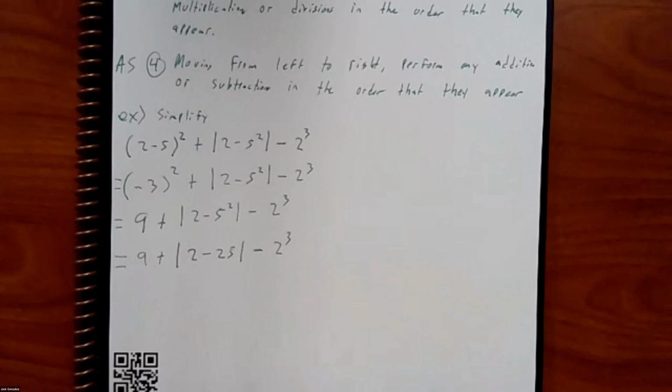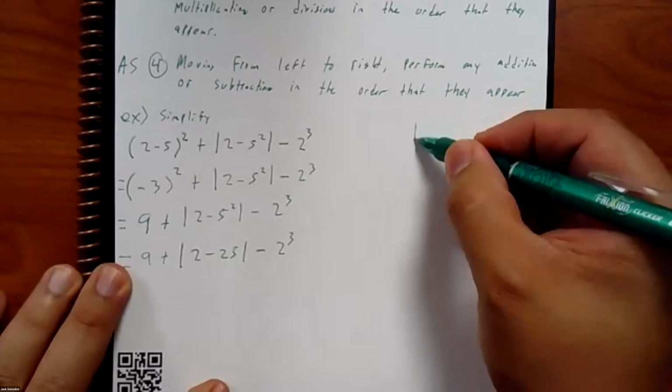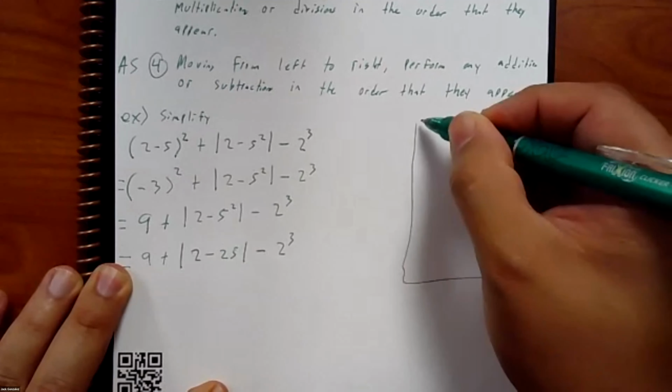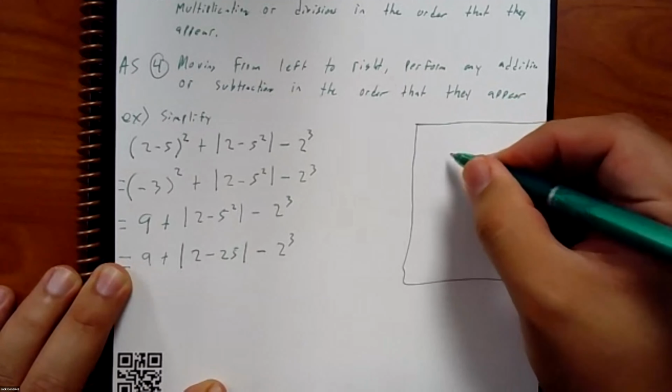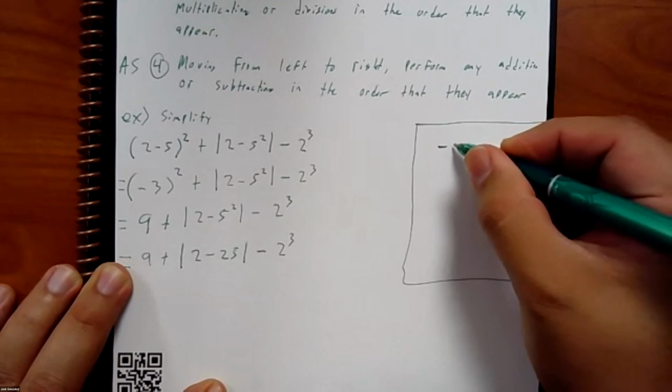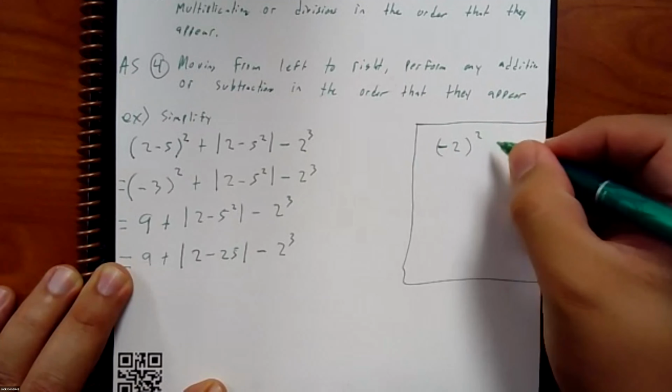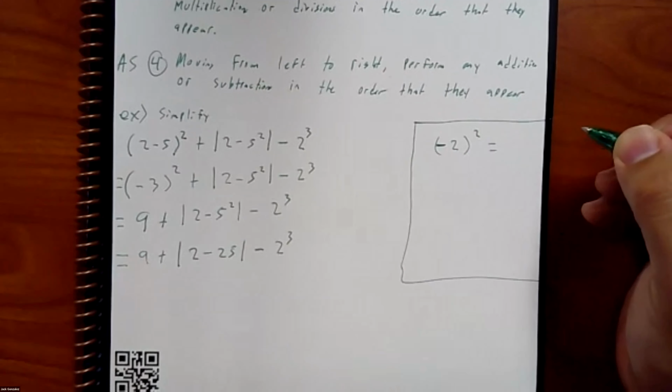Wait, how did we get 25? That's the exponent. 5 squared, what is that, 5 times 5? Yeah, that's a very good question. Let's address it now. If you see -2 squared, that's a -2 times a -2.